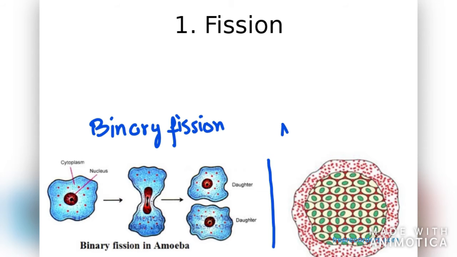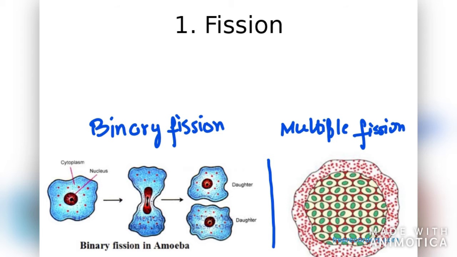In multiple fission, you can see we have multiple cells, so one parent cell divides into many daughter cells simultaneously. Remember this, that in binary fission we have the example of amoeba, whereas in multiple fission you have the example of Plasmodium. So this is all about fission.